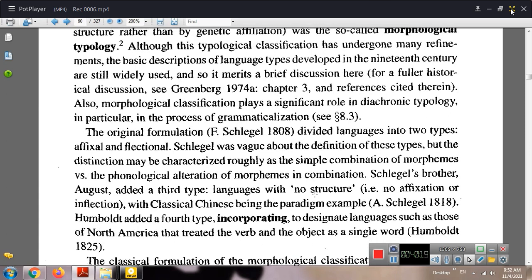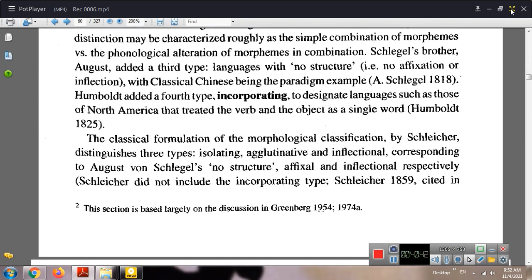For example, Schleicher, August, and Humboldt gave this classification, that we have the affixal, inflectional, isolating structure, and incorporating languages.